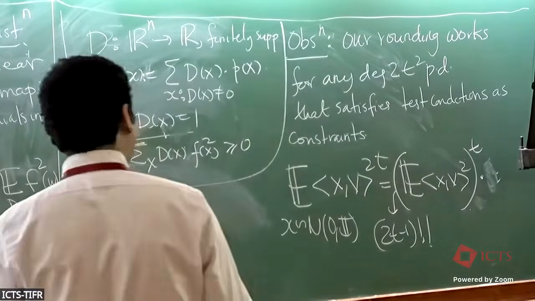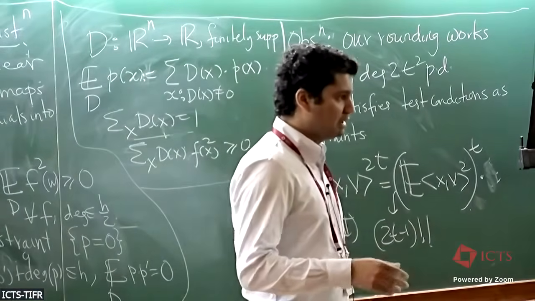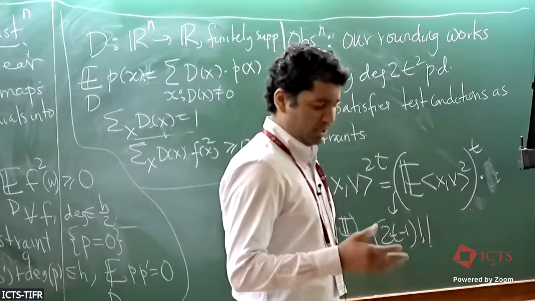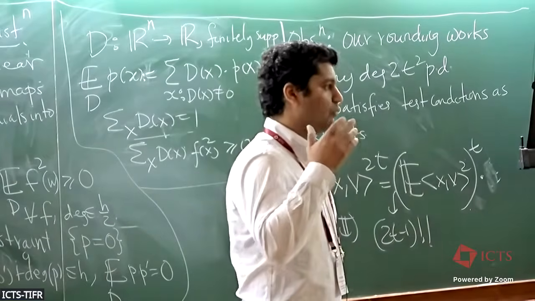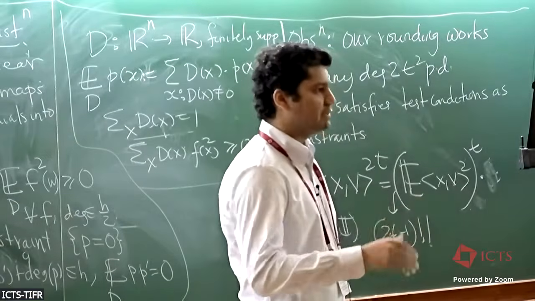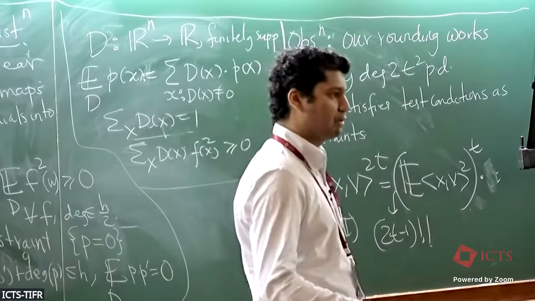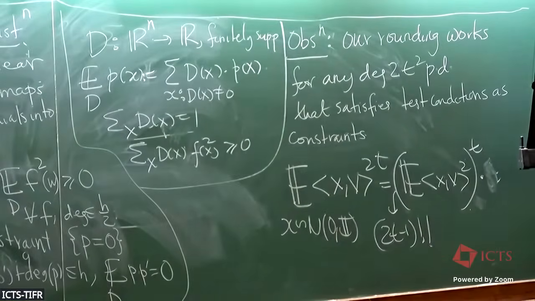Right. So the KLS conjecture implies that all log concave distributions satisfy a Poincare inequality with dimension-free constant. The latter statement, what we showed, is that any distribution that satisfies a Poincare inequality with dimension-free constant must be certifiably sub-Gaussian, meaning it must satisfy this inequality with a sum of squares proof.